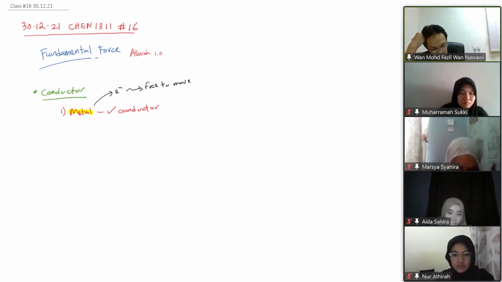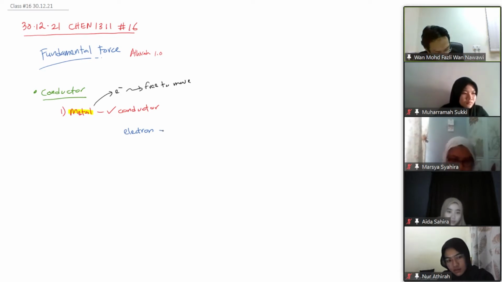So we talk about the electron a little bit. The electron carries with it what we call charge. For the electron, the charge amount is 1.6 times 10 to the power of negative 19 Coulomb.